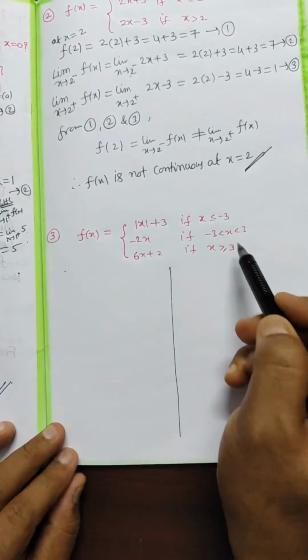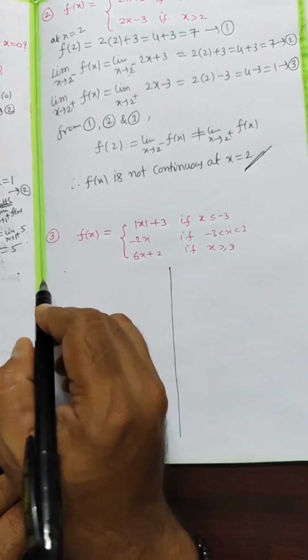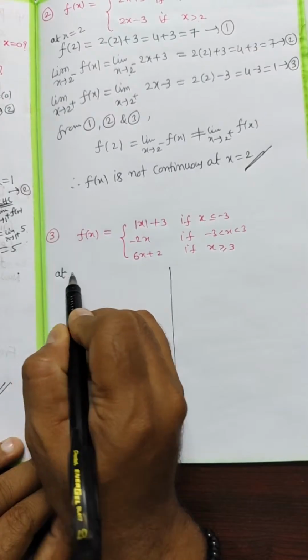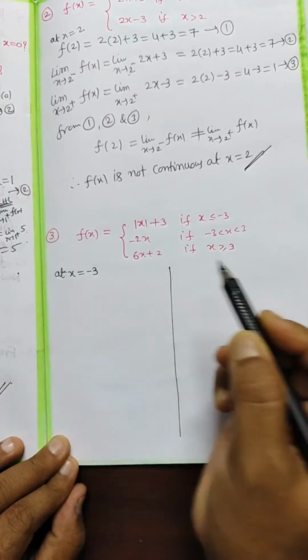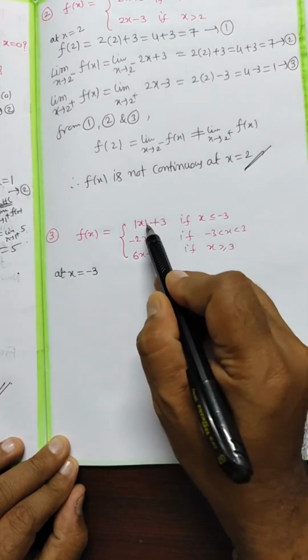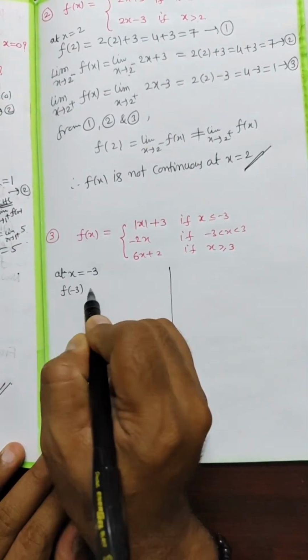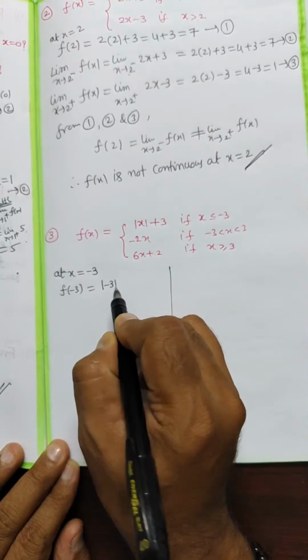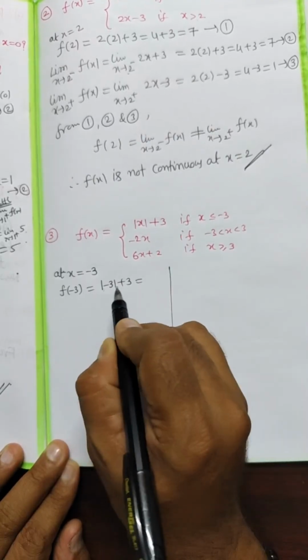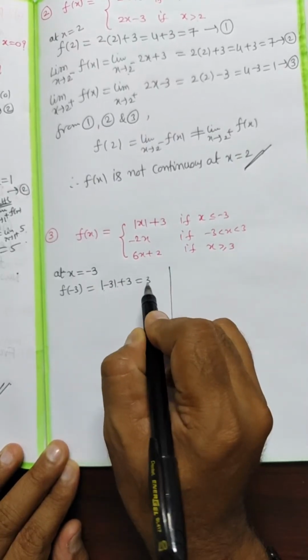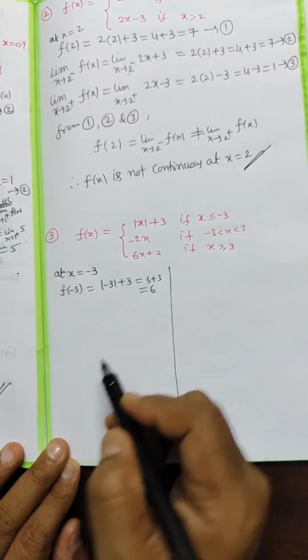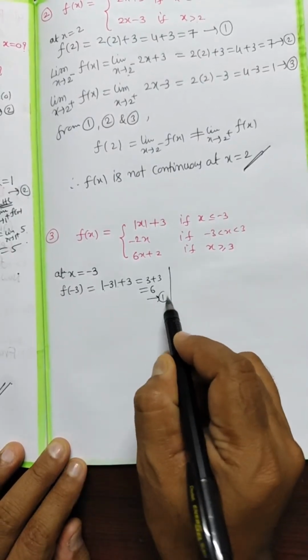Here at x is equal to minus 3 and at x is equal to 3, both we will do. At x is equal to minus 3, x is less than or equal to minus 3 means this function you have to consider. So f of minus 3 is equal to mod of minus 3 plus 3. The modulus of any number is always positive, so 3 plus 3, 6. Equation number 1.